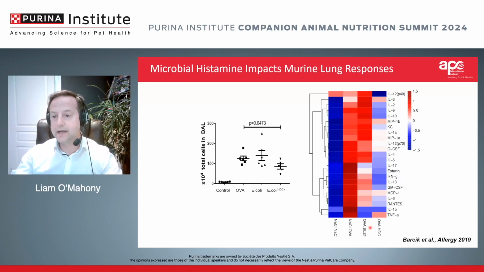And if we look at cytokine levels in the bowels of these lungs, this is the positive control here, so everything is red. And if you look over here, when the mice get a microbe that's secreting histamine, basically everything is a lot more blue or less red. So there's a very significant effect of histamine that's been made in the gut by a microbe in the gut on distant sites such as the lung.